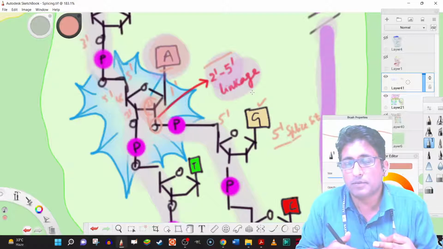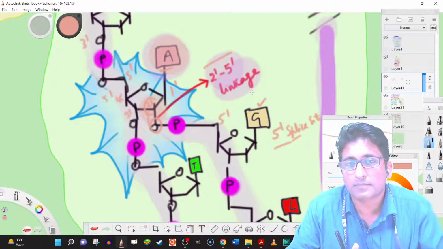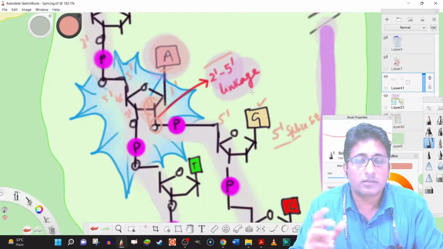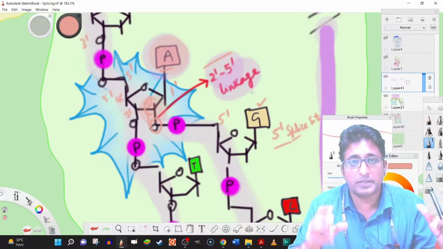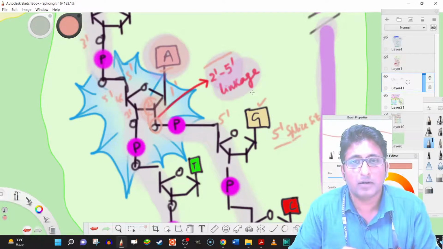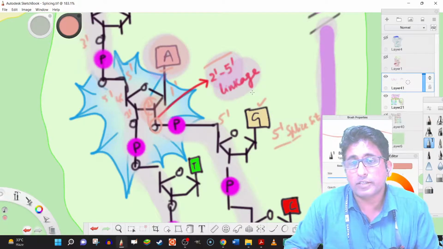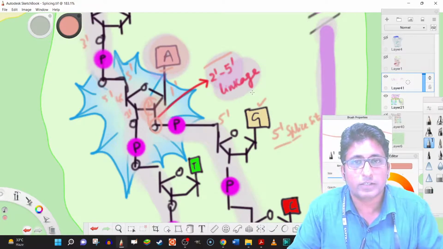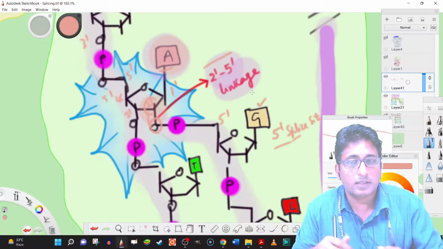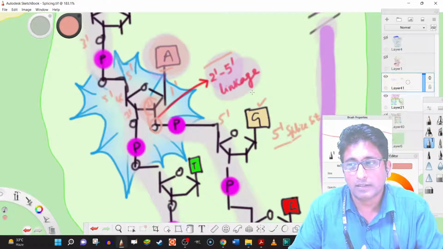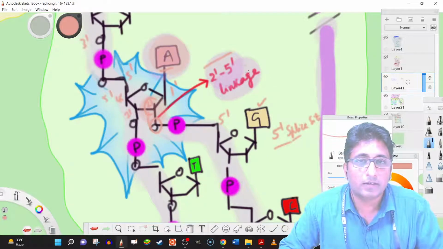This is the third type of linkage that we have come across. If you remember, during transcription, a G cap is added to the 5' side of the mRNA, and there the linkage is a 5' to 5' linkage. So this is the third type of linkage that we are learning with regard to nucleic acids.